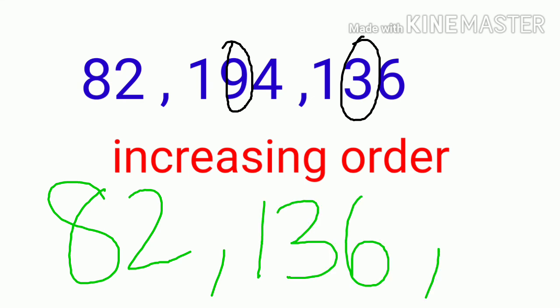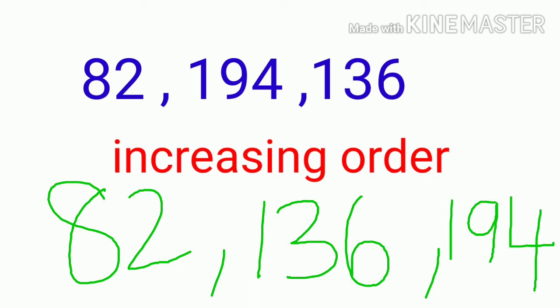So we can say that 136 is smaller than 194. So we can write 136, then 194. So in this way, you can arrange the numbers in ascending order. We can arrange the numbers in descending order also. Remember children, in descending order we have to arrange numbers from greatest to smallest.